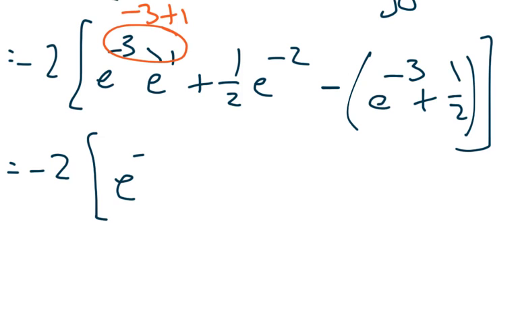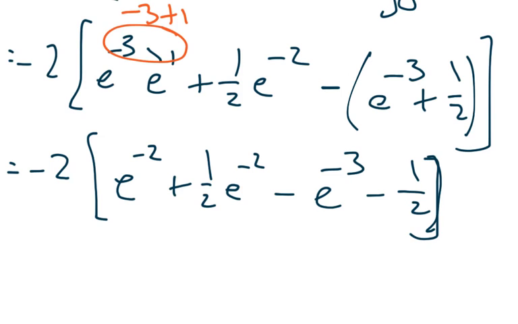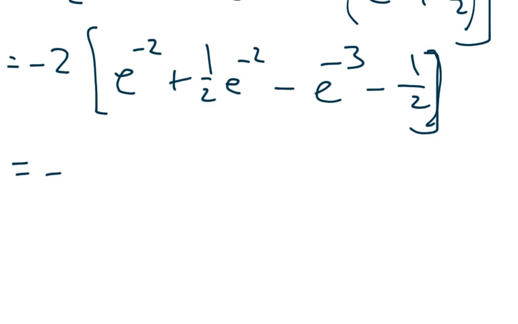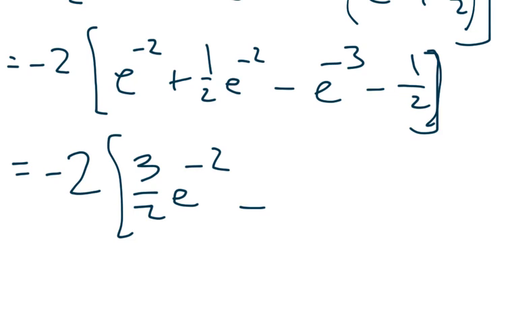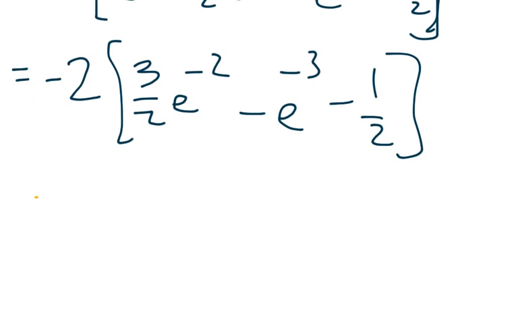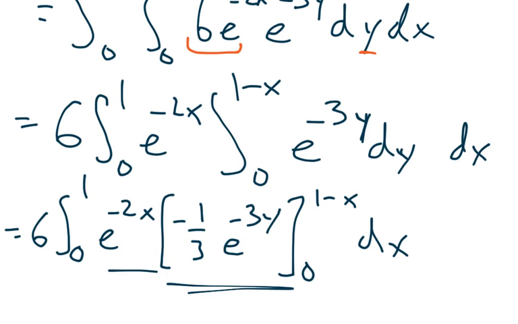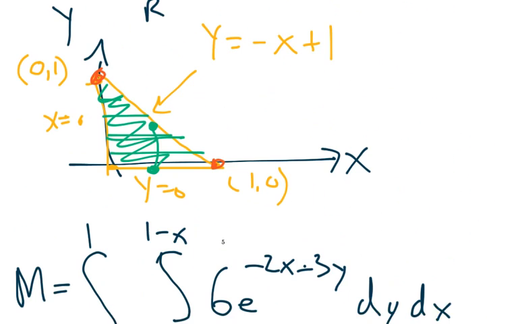So that's going to be e to the minus 2 plus 1 half e to the minus 2 minus e to the minus 3 minus 1 half. Or if we simplify a little bit more, this is going to be 3 halves e to the minus 2 minus e to the minus 3 minus 1 half. Okay. And this is just equal to m. So that's the first part of our integral, m.